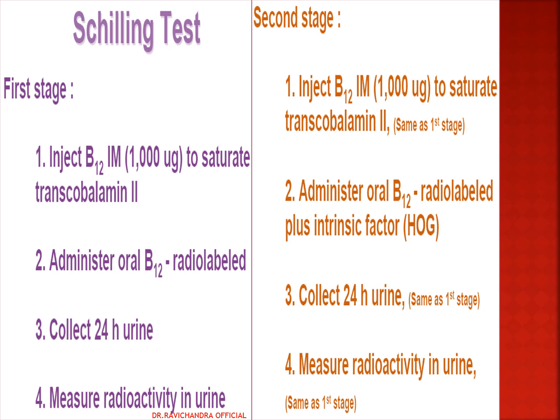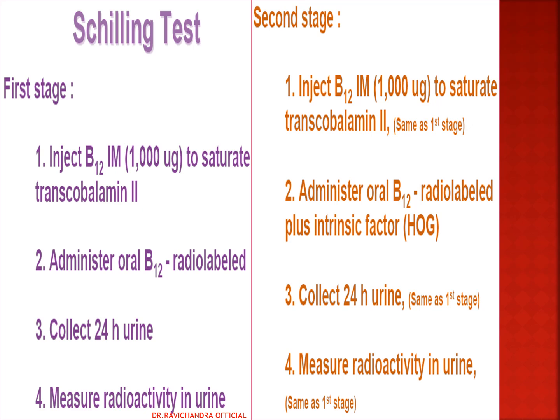In the first stage, you will inject B12 intramuscularly, 1000 micrograms, to saturate the transcobalamin 2, and then you will administer oral B12, which is radiolabeled with cobalt 57 or 58.